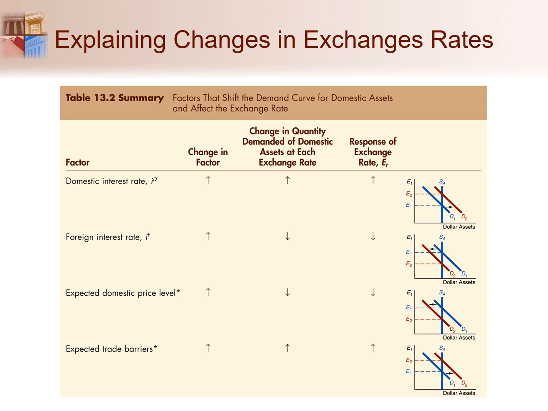So obviously this will depreciate your currency, and your exchange rate will decline. Then when trade barriers are expected, and you think there would be more trade barriers, you want to hold more dollars, which has a positive impact on your exchange rate, and your exchange rate will increase.